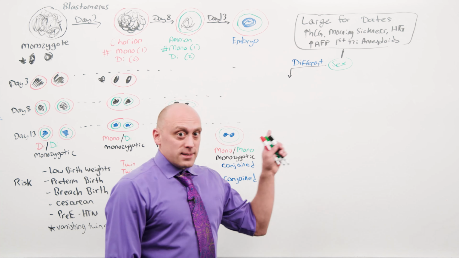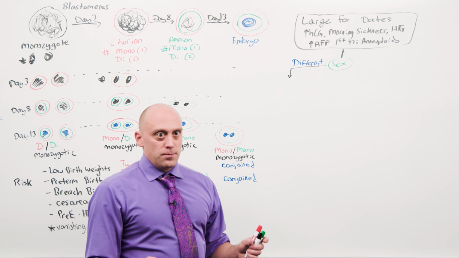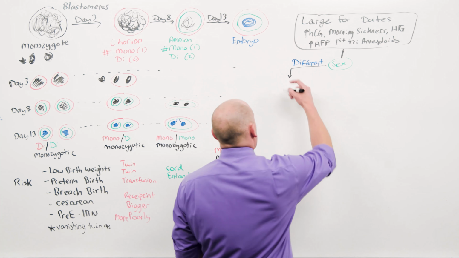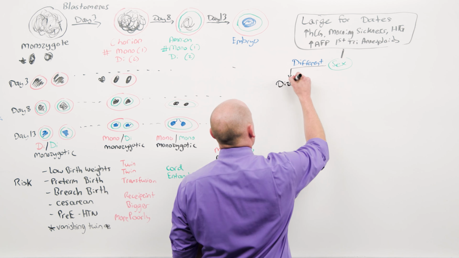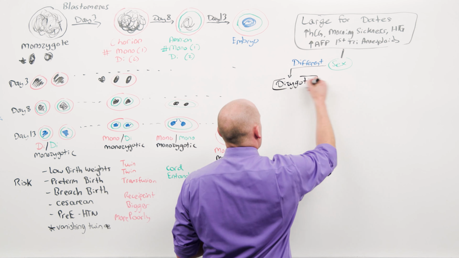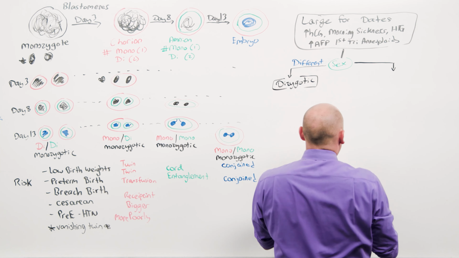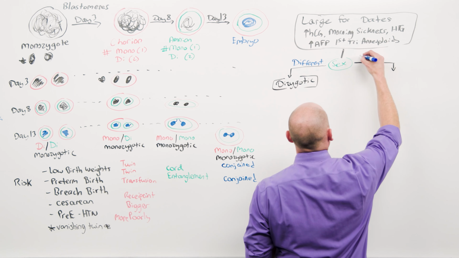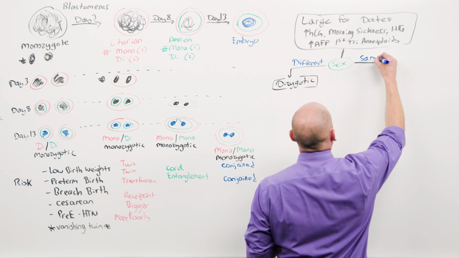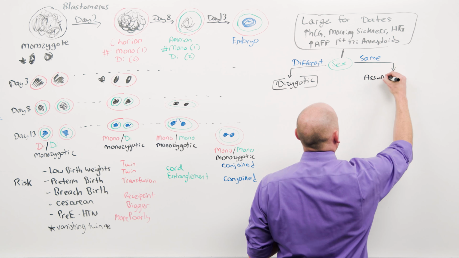If there is a different sex, it must mean that there are 2 separate fertilization events, which means dizygotic. If they are the same, it does not mean that is monozygotic. It just means it could be. And so at this point, you merely assume mono.